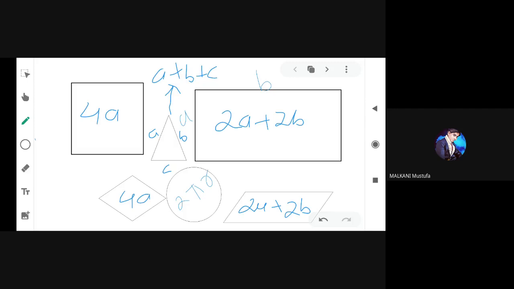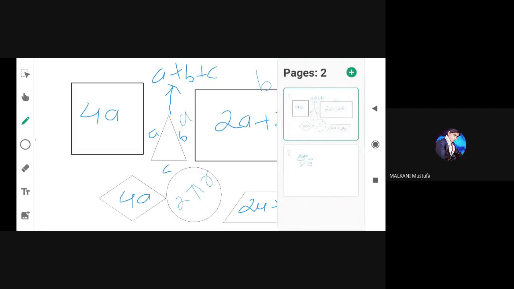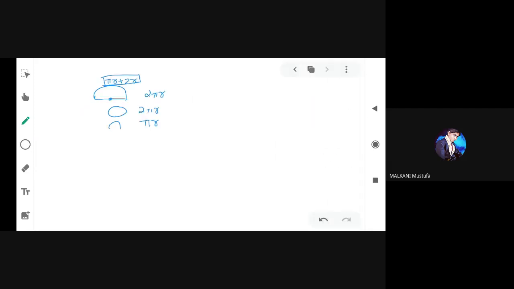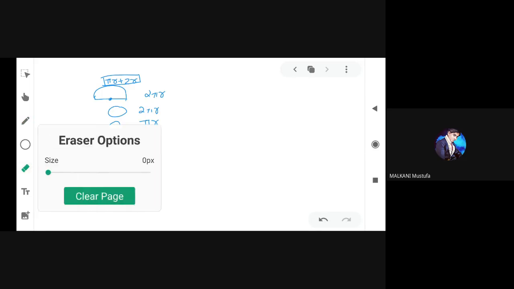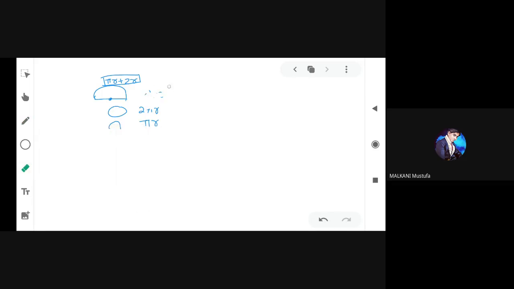Sir, written. Okay, now write down the formula of semicircle and this closed figure. Circumference of this closed figure is pi r plus 2r. Circumference of circle is 2 pi r and circumference of semicircle is pi r.